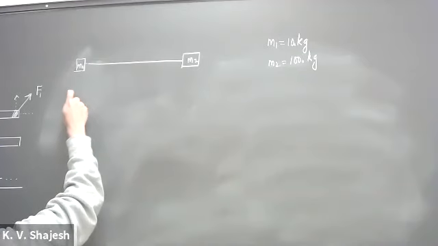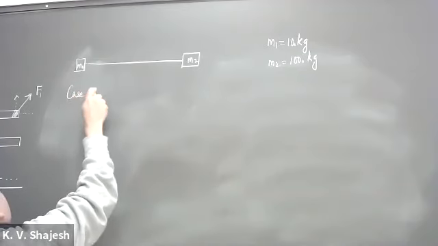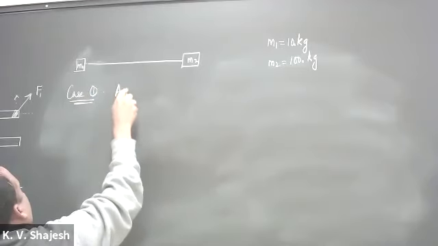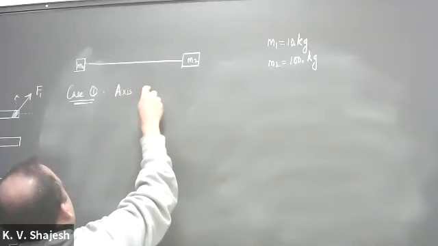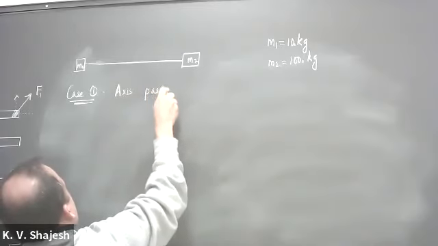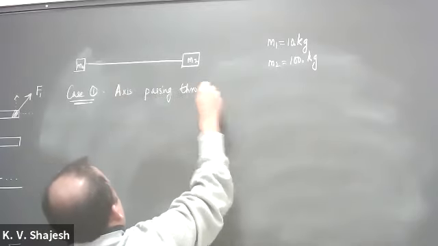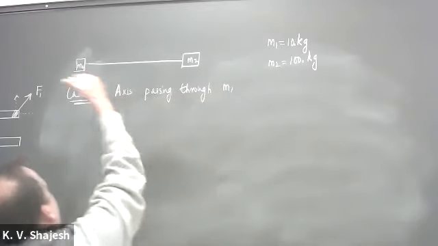So let's say, case one, the axis passing through M1 and coming out of the board.